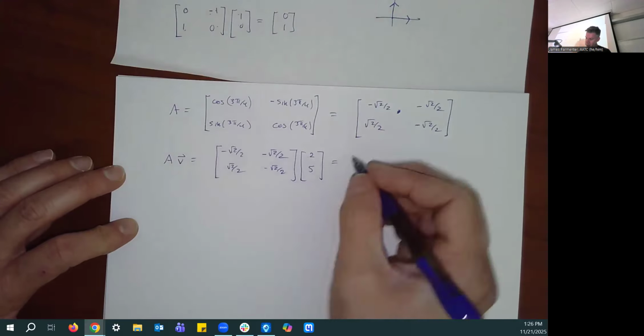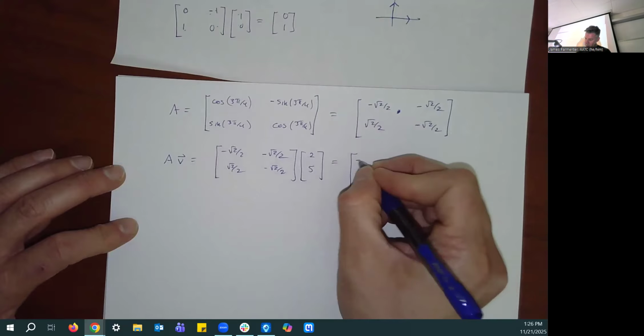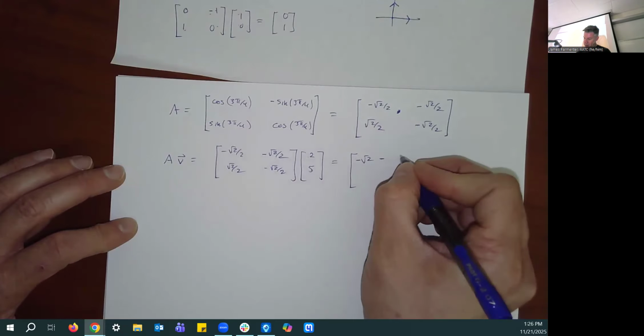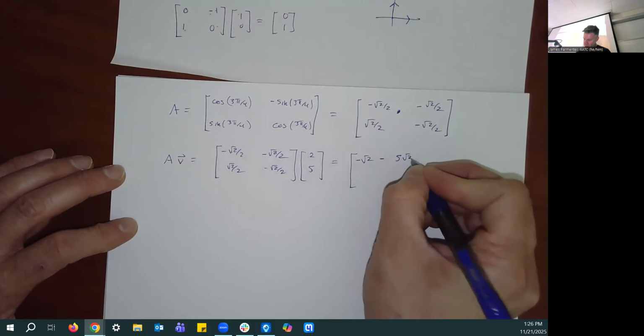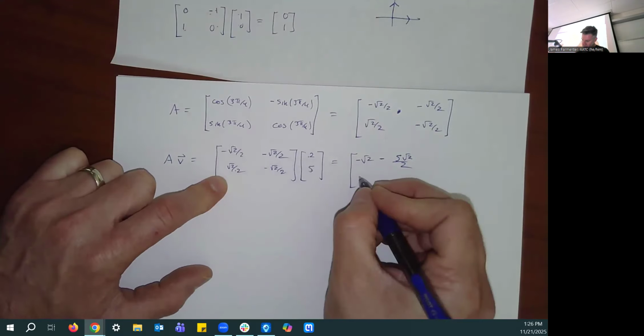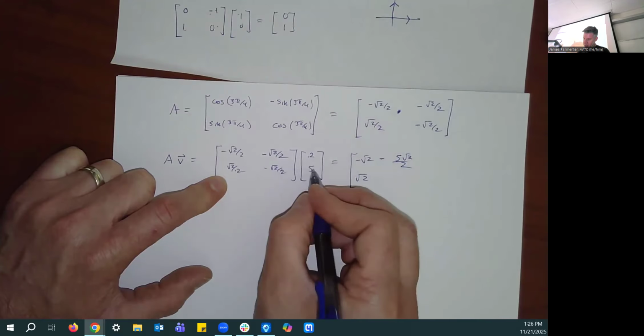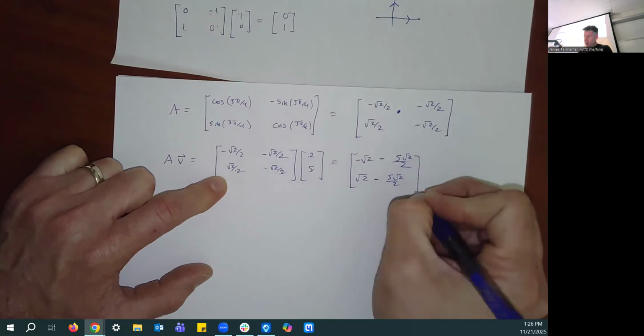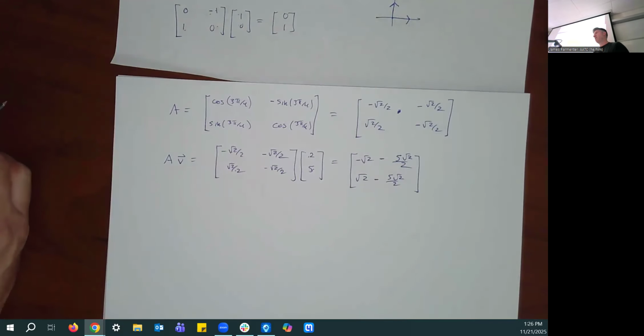This times this is negative root 2, and then this times this is minus 5 root 2 over 2. And then down here we have root 2, and that times that is again minus 5 root 2 over 2. That's a resulting vector. Ugh.